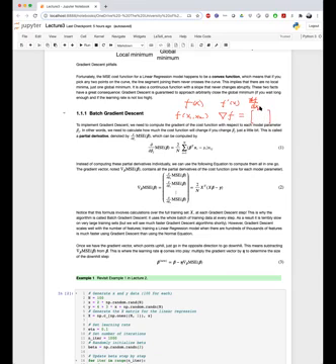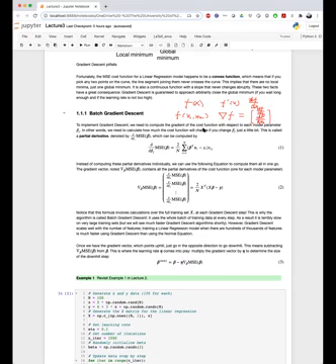The first element of the vector is df dx1, which represents the slope along the x1 direction, and the second is df dx2, which represents the slope along the x2 direction. So for a multivariate function, we use the gradient, which means the collection of all the first order partial derivatives.